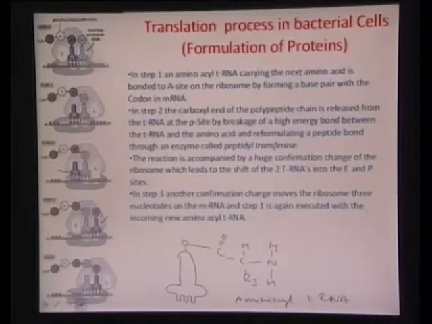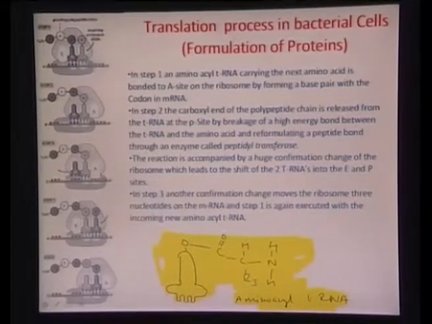Now, very interestingly, there are these bunches of amino acyl transfer RNAs which are available in plenty within the cell, within the environment of the cell. So, this is actually an amino acyl tRNA.